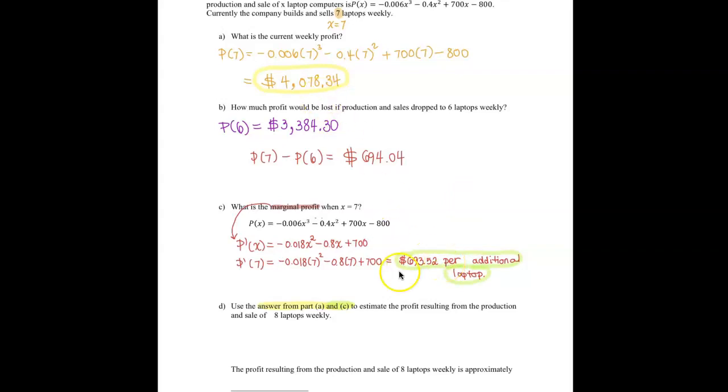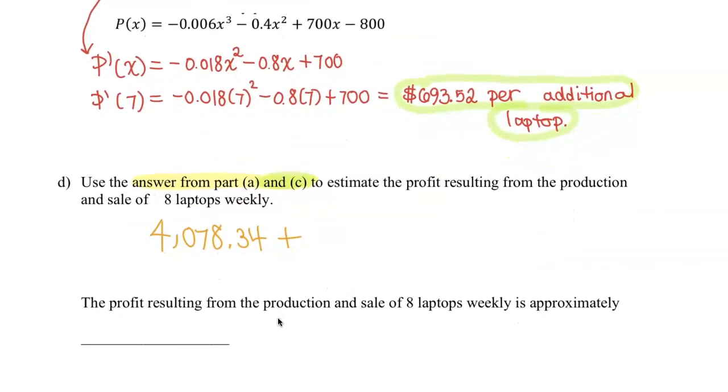So how do we predict the profit for making 8 laptops? We're going to add those two numbers together. I will do 4,078.34, the answer from the first part, plus the answer we just got, $693.52.